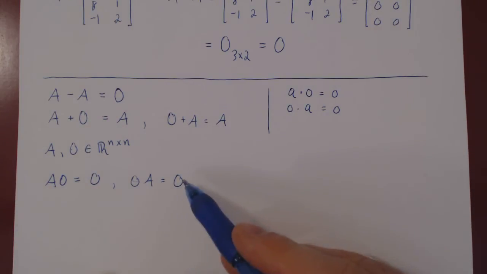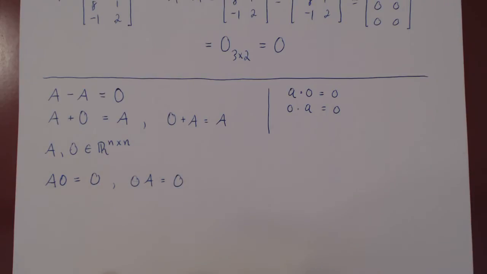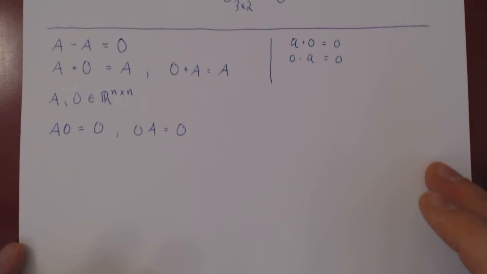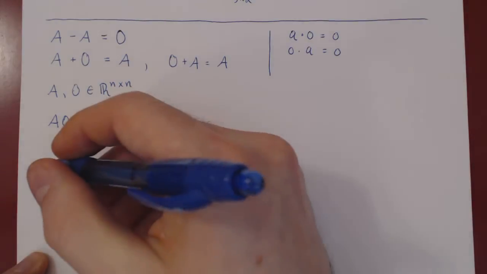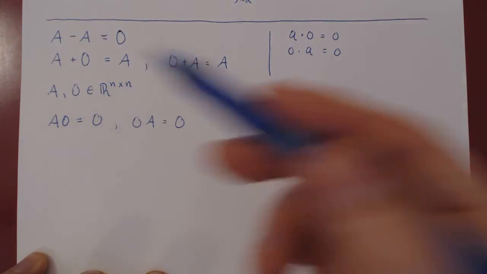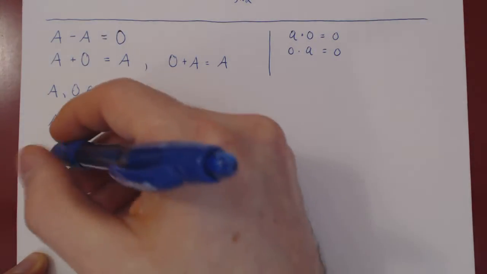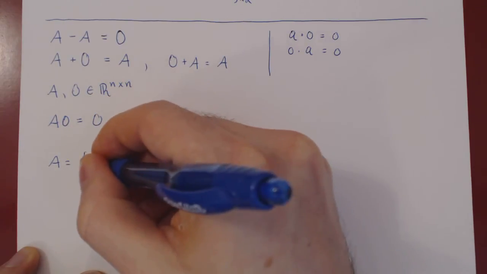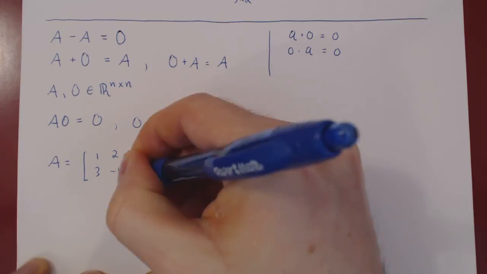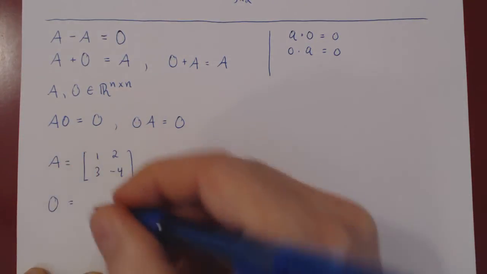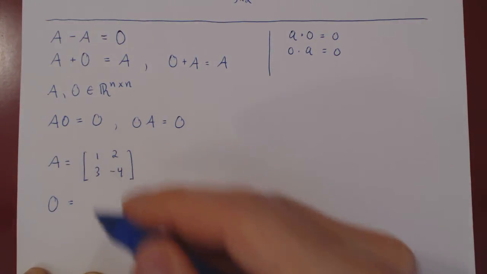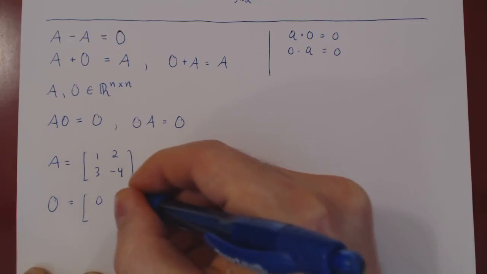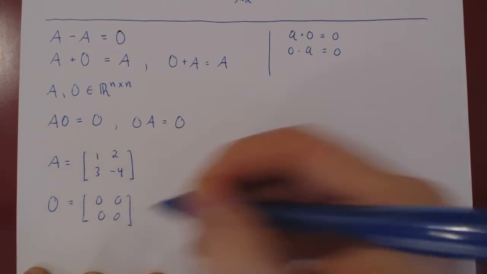Let's just check this quickly and you'll see that again this is fairly obvious. Let's take, say, just 2 by 2 matrices. So suppose A was 1, 2, 3, negative 4. And here again 0 will inherit the same size as A. So it will be the 0, 2 by 2 matrix.